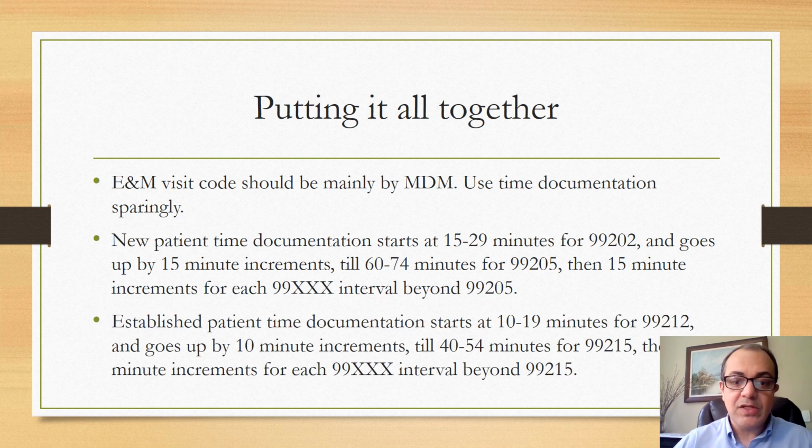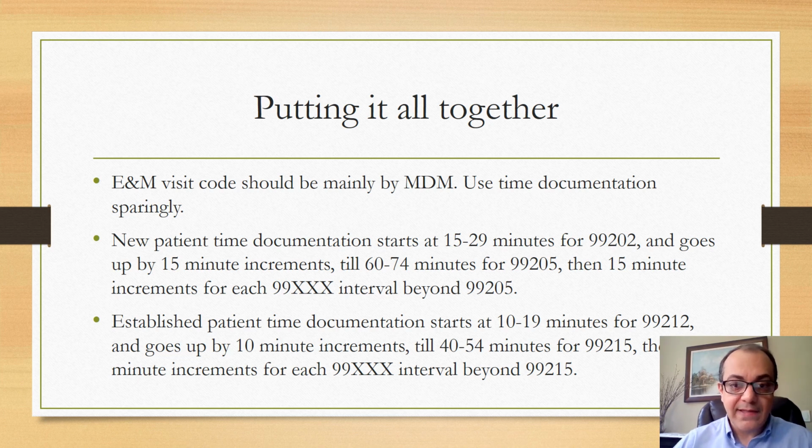The established patient documentation starts at 10 to 19 minutes for level 2 and goes up by 10-minute increments until the highest level, level 5, which you can get by a time range between 40 and 54 minutes. Then 15-minute increments for each 99XXX interval beyond 99215.